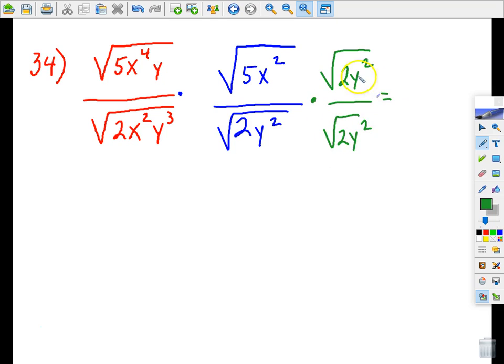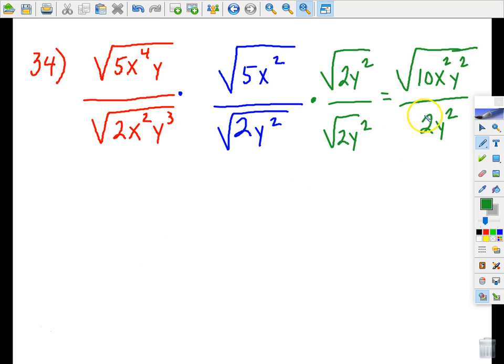Okay, so the top product would be the square root of 10x squared y squared, and the denominator is just going to be 2y squared, because a radical times itself is just what we call the radicand. All right, so let's simplify this numerator.